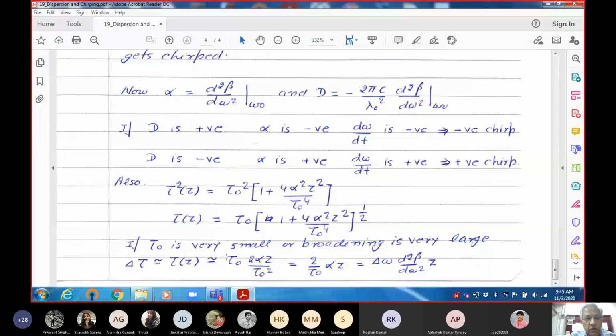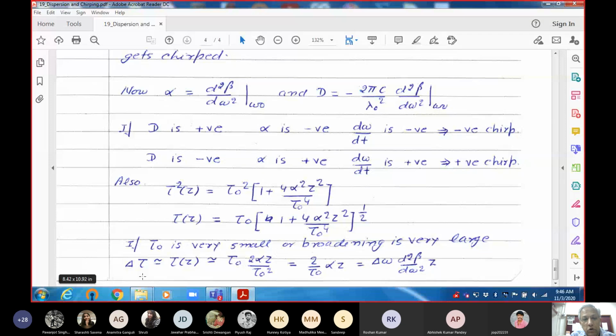So for example, if tau naught is very small or broadening is very large, then this part would be much higher as compared to 1. So in that case, I can neglect 1 in comparison to the second term, and then the pulse width, this is pulse width actually, delta tau, right?